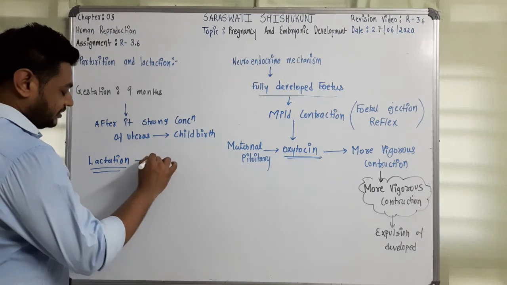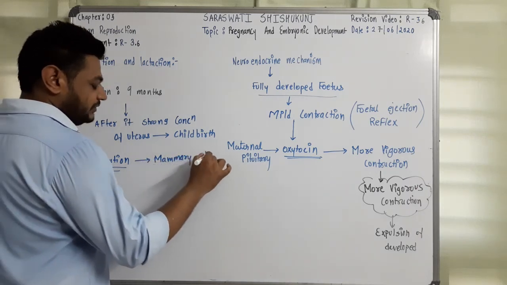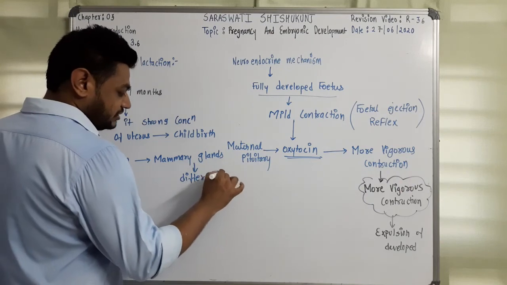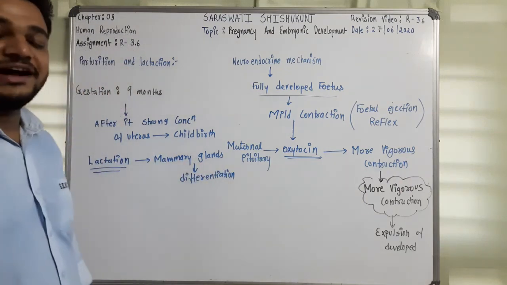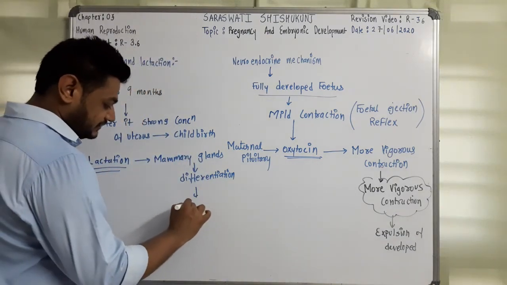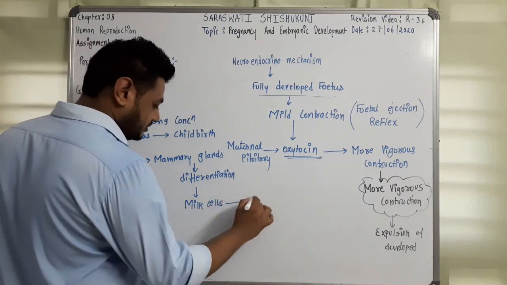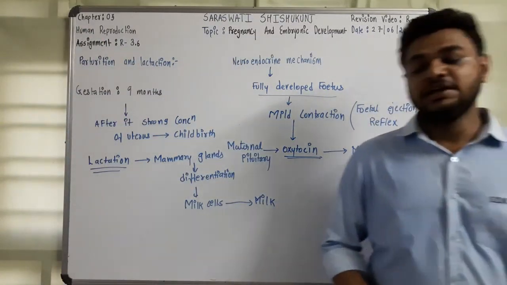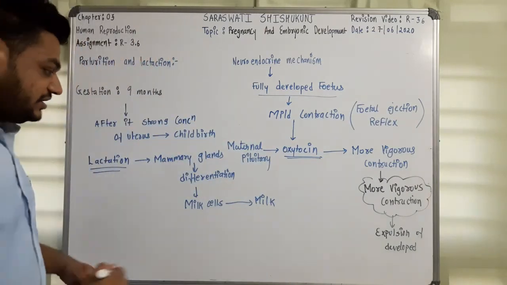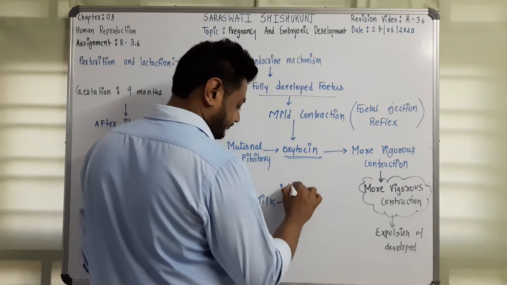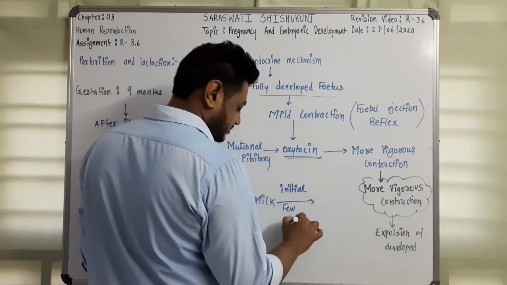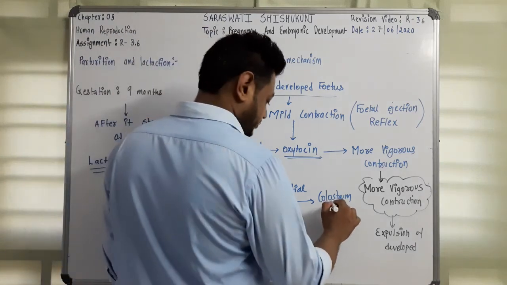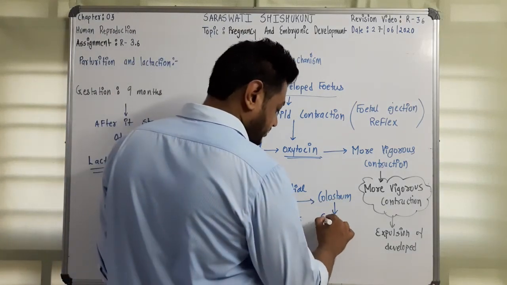After childbirth, the mammary glands undergo differentiation and start to secrete milk. In the initial few days right after delivery, the milk contains antibodies, referred to as colostrum.